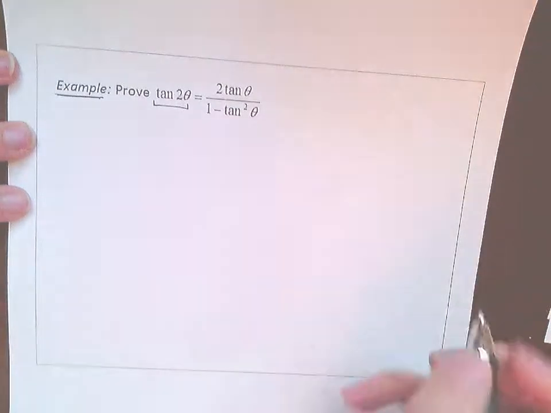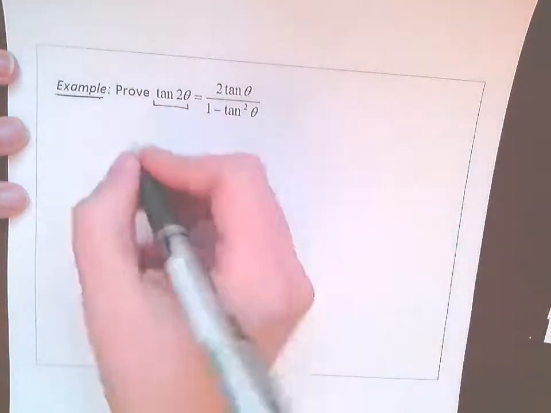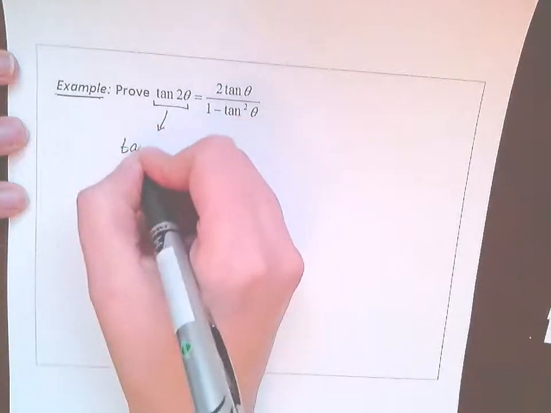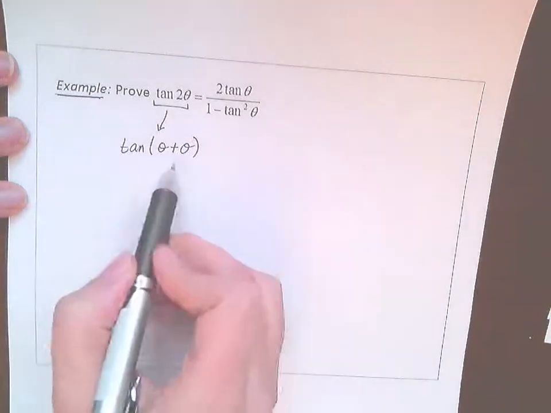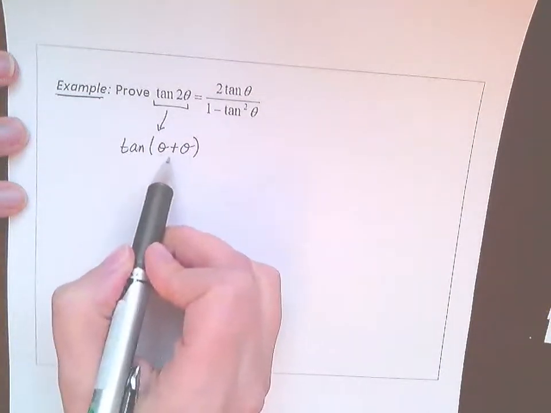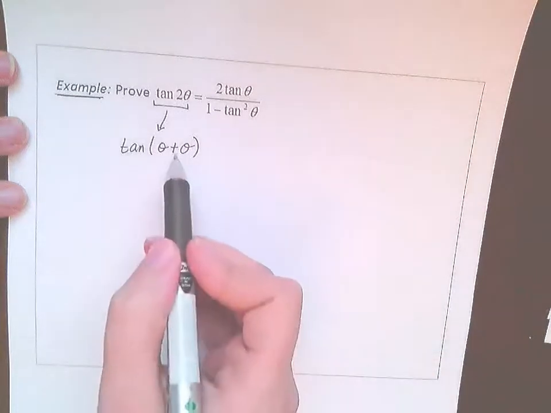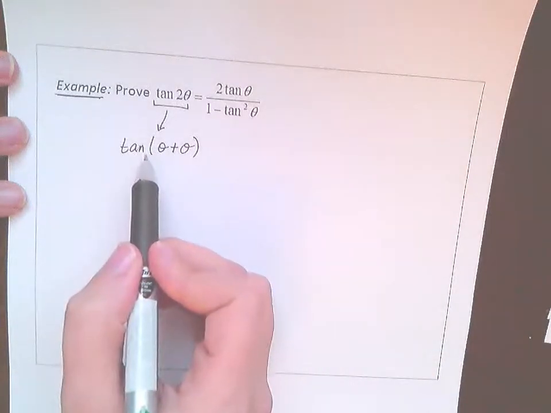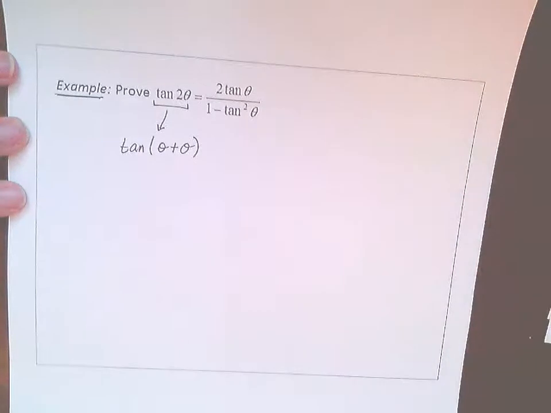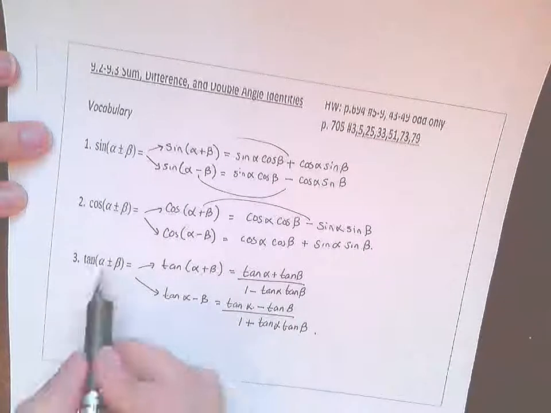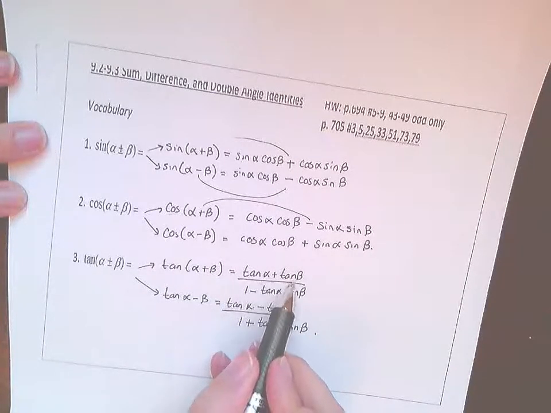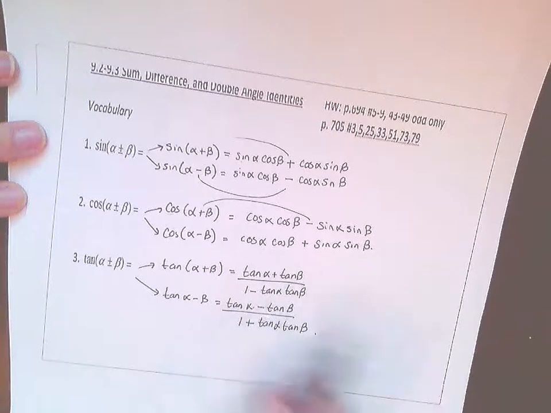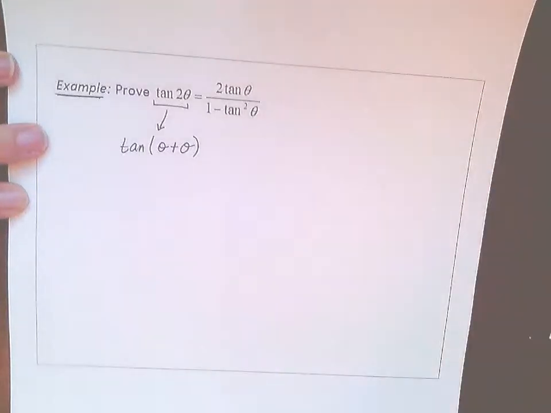So tangent of 2 theta is the same thing as saying tangent of theta plus theta, correct? We have 2 theta. And now this right here is basically what? It's the sum identity of tangent. So let's remember, what was the sum identity of tangent? The sum identity of tangent is just tangent of theta plus tangent of theta over 1 minus tangent of theta, tangent of theta.